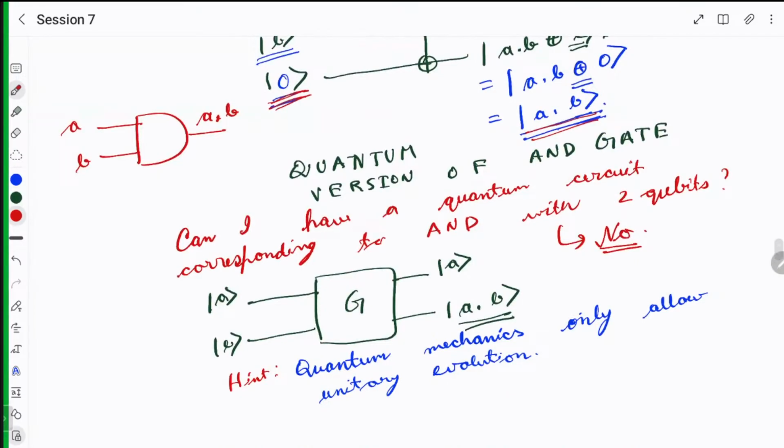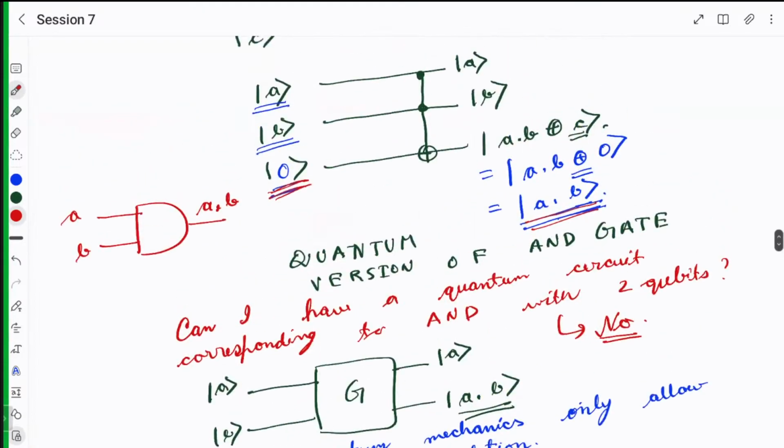If A and B are normalized, the length of A into B is less than 1. No, look, the length of A into B is inside the ket. What I mean by A into B is that if I have ket 0 and ket 1, here A is 0 and B is 1. So A into B will be ket 0, right?